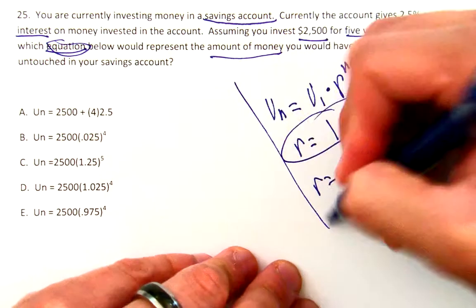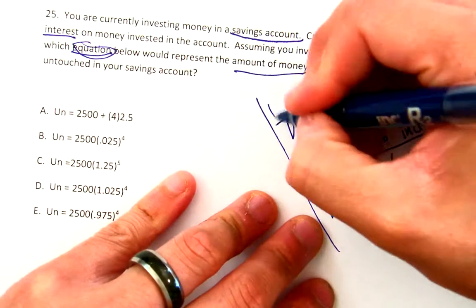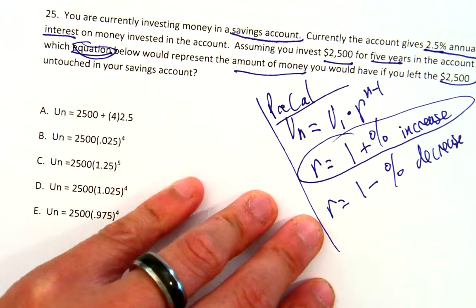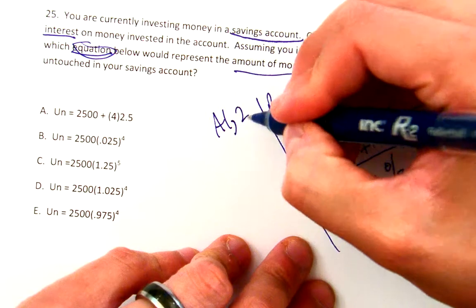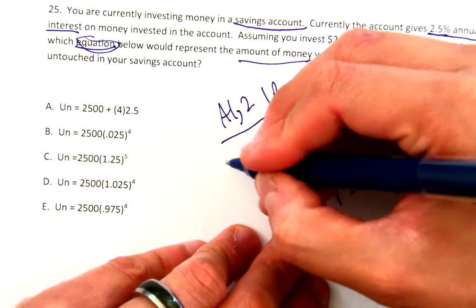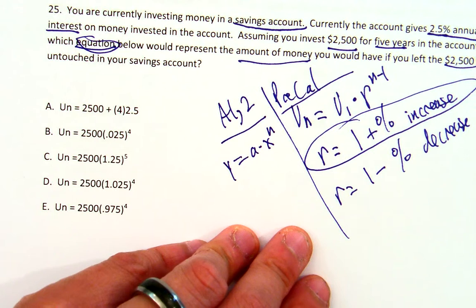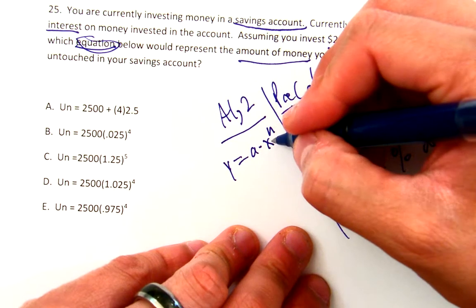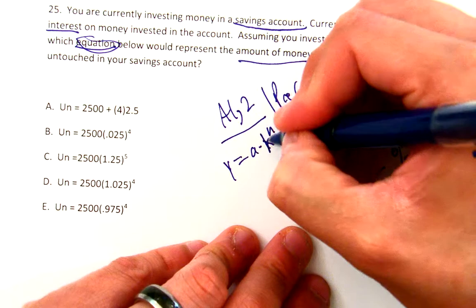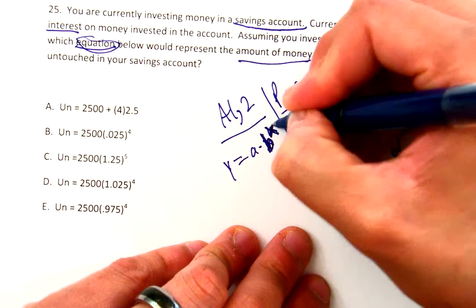Also, alternately, if you remember from Algebra 2, so this is what we did this year in pre-cal. In Algebra 2, from last year, it looked like y equals a times b to the x. Pardon me, I'm so sorry.